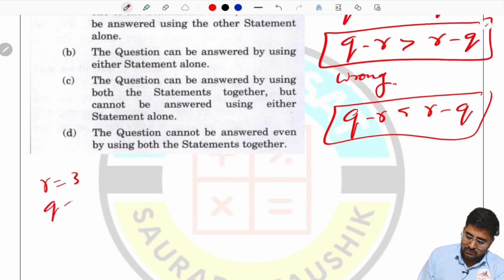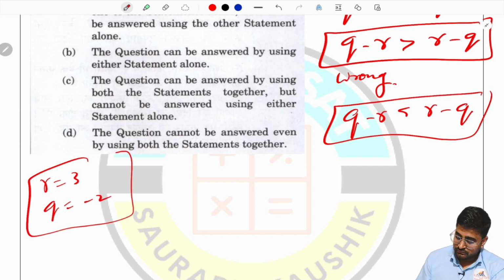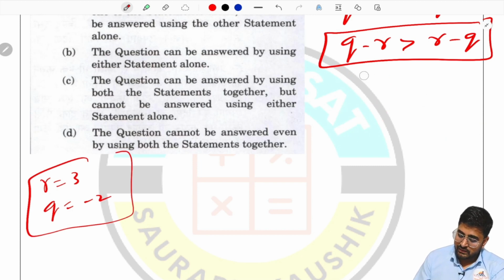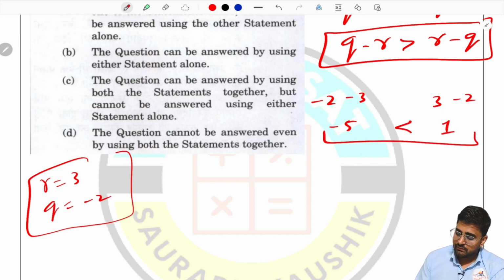And Q, for example, take it 2 or minus 2. When we put a value here, for example minus Q, minus 3, it becomes minus 5, and here R is positive and we have minus 2, then we have 1. So 1 is greater than 5, which is just the opposite of the question asked.